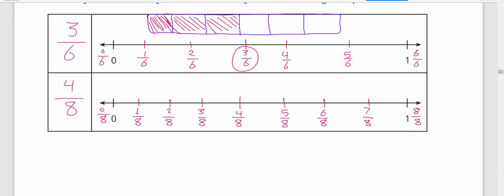Okay? And circle the fraction 4/8. We will circle this fraction and draw a model, for example, a circle.